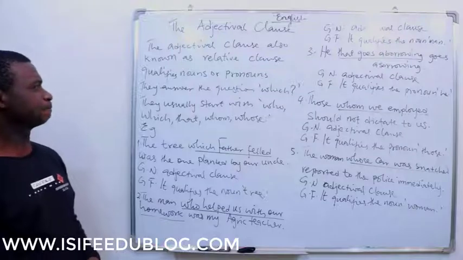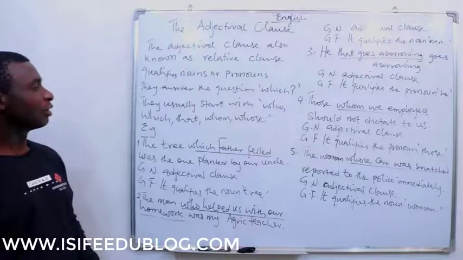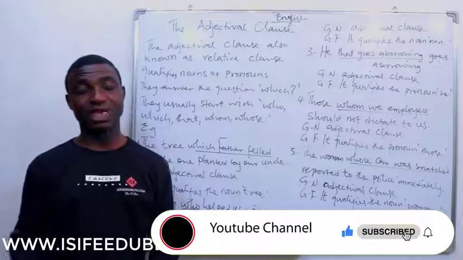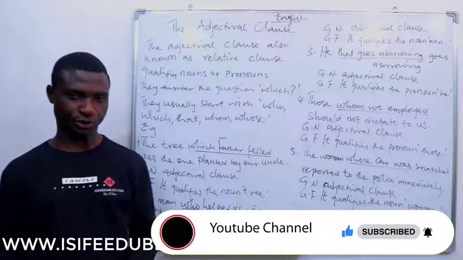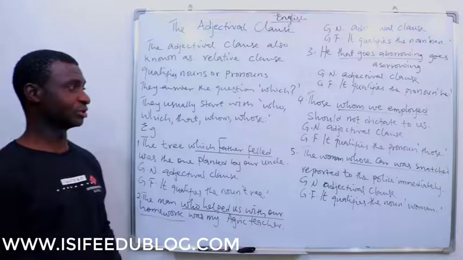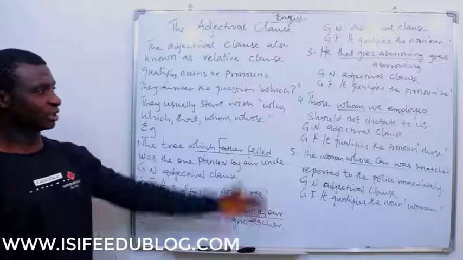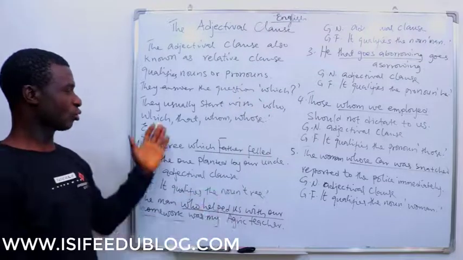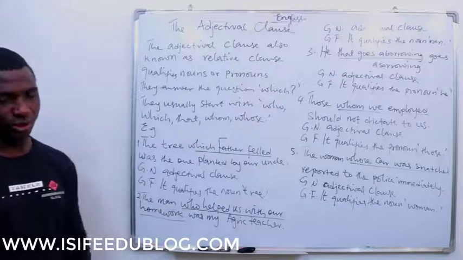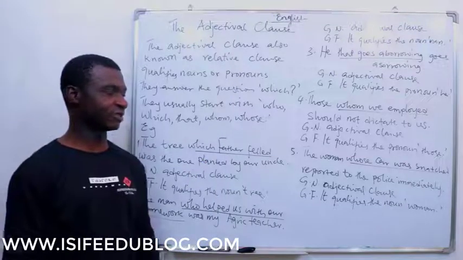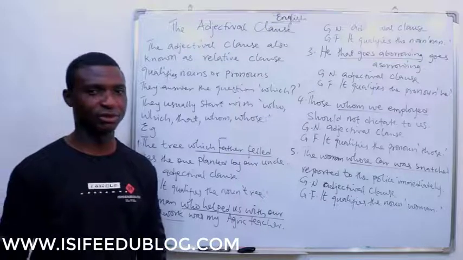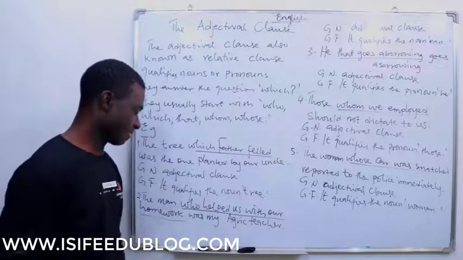Now, the adjectival clause, like the adjectival phrase, answers the question which, and is known to start with who, which, that, whom, or whose. Any of these 5 relative pronouns can start the adjectival clause.